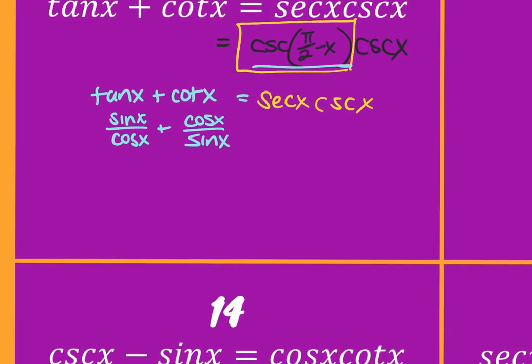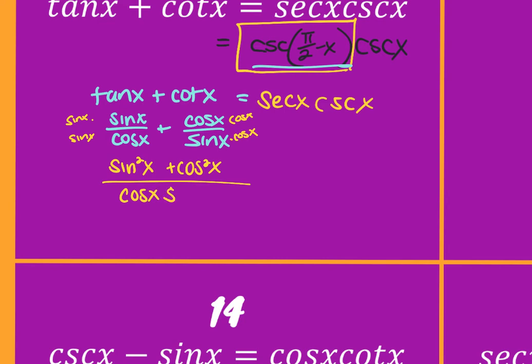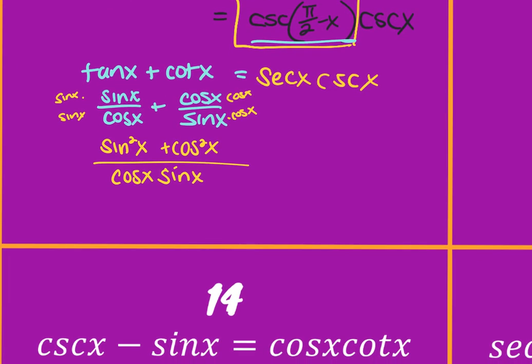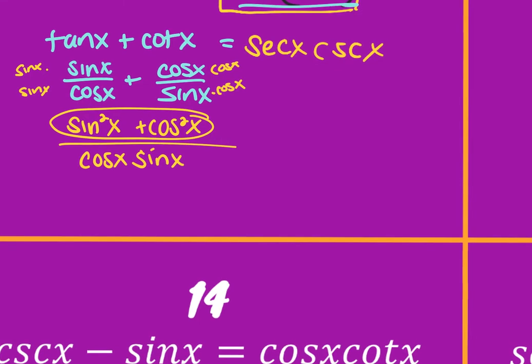So I'd have to multiply this times cosine and this times sine. I'd end up with sine squared x plus cosine squared x over cosine x times sine x. This is one of my Pythagorean identities, so that becomes 1 over cosine x sine x. And if I move these both to the numerators, they become the reciprocal functions, so secant x and cosecant x.